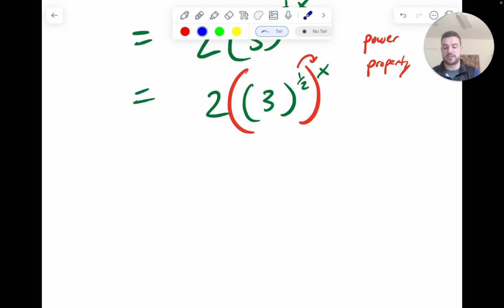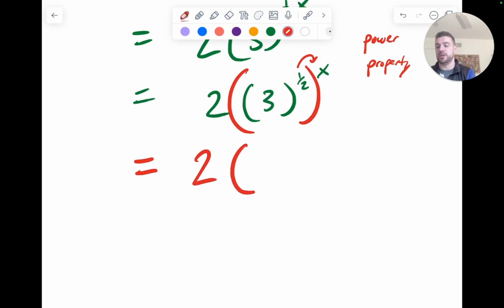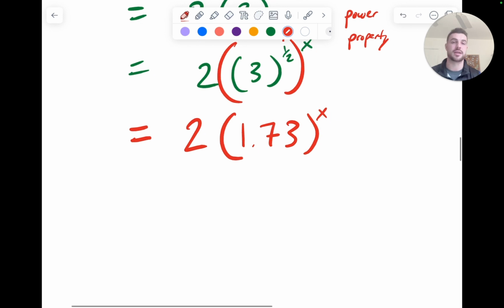So if I just plug this into my calculator, again, we're not really worried about that 2 in front right now. So I've got the 2, and then I have 3 to the 1/2 power, which is going to be approximately 1.73.